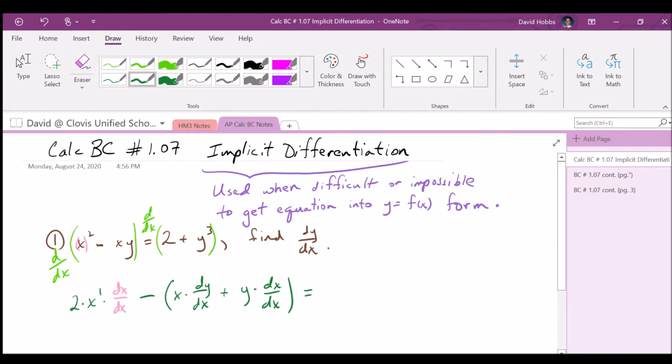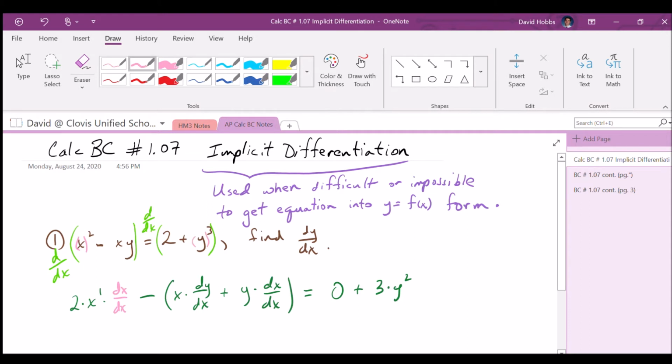equals, okay, over here on the other side, the derivative of a constant is 0. So you don't have to write the 0, but maybe I'll go ahead and write the 0 just because. And then we have the derivative of y cubed. So we have the power rule going on first: 3 times y squared times the derivative of the guts.